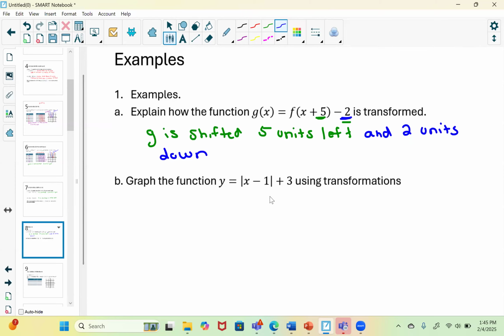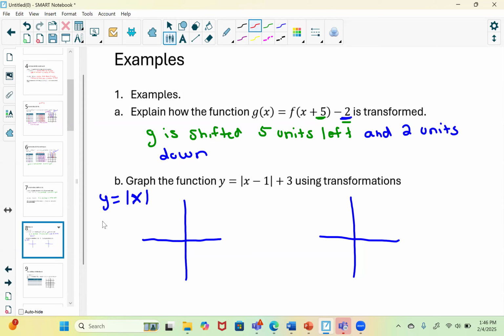The second thing is graph the function y equals absolute value of x minus 1 plus 3 using transformation. So I'm going to draw our graph here because I don't have a grid. First thing is you have to identify the parent function, and this parent function would be the absolute value of x. The parent function is just the function without the plus or minus or any of the shifts. And so we have to remember what that looks like.